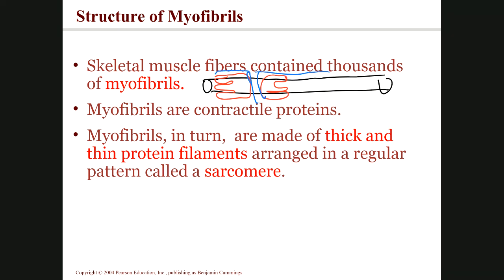Okay. Myofibrils, in turn, are made of proteins, what we call thick and thin protein filaments, which are arranged in a regular pattern called sarcomeres. Sarcomere is called the contractile unit of skeletal muscle.